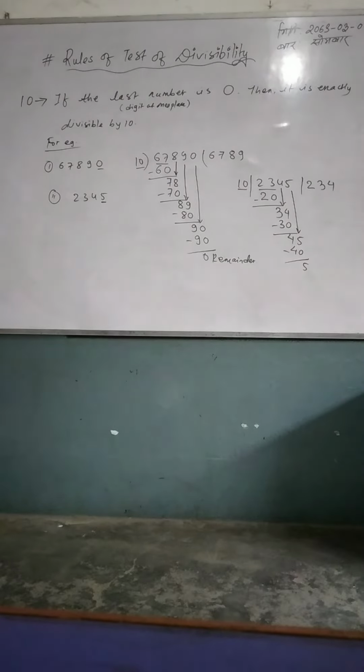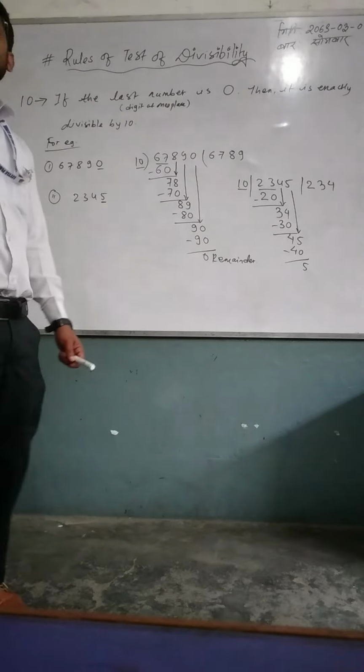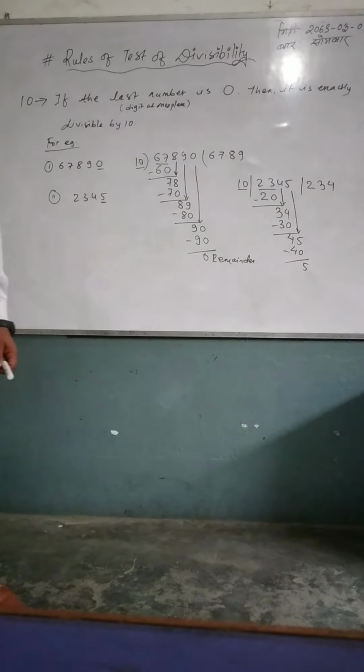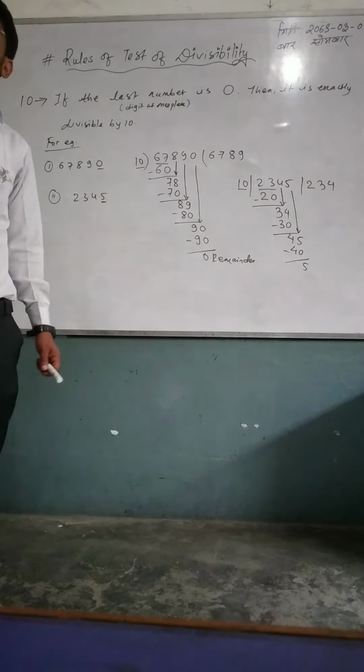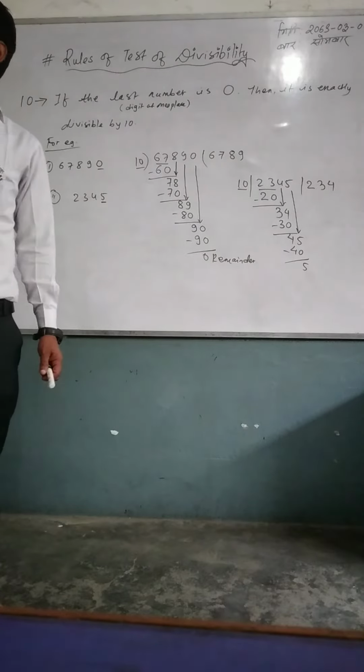By 3. Sir, we have to sum the digits and see whether the answer is in the table of 3 or not. For 3, you just have to sum the numbers. After doing the sum, if that answer is in the table of 3, a multiple of 3, then the number will be exactly divisible by 3.